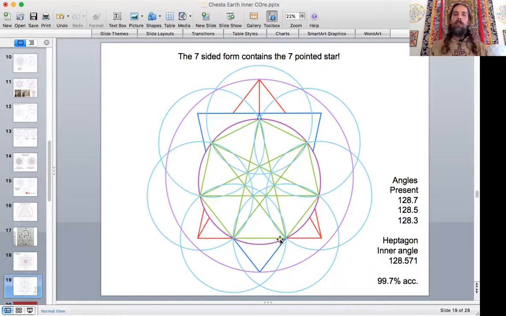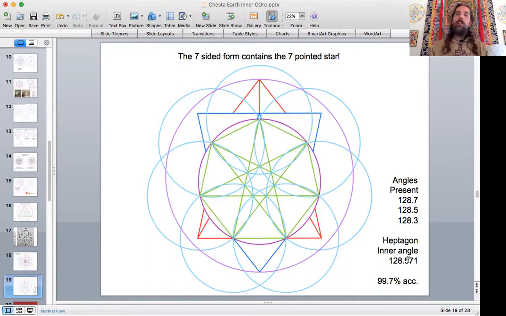If I draw from here to here, creating a heptagon around this line with the bottom chestahedron, the blue one, and continue that straight all the way through, the angle it creates for the heptagon is 128.7.